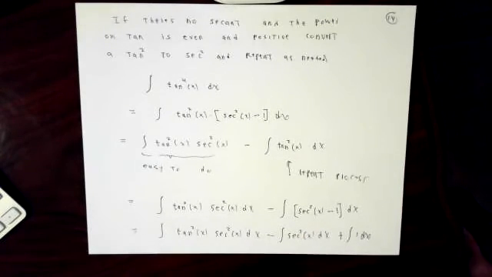So if I split all this stuff up, it's the integral of tangent squared x secant squared x dx, which we can easily do with a substitution, minus the integral of secant squared of x dx, which is on our list of things we know antiderivatives for, plus an antiderivative for the constant function 1, which is easy.